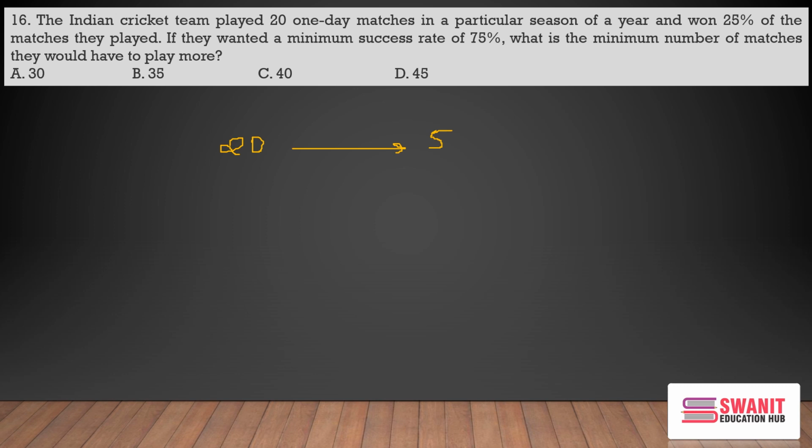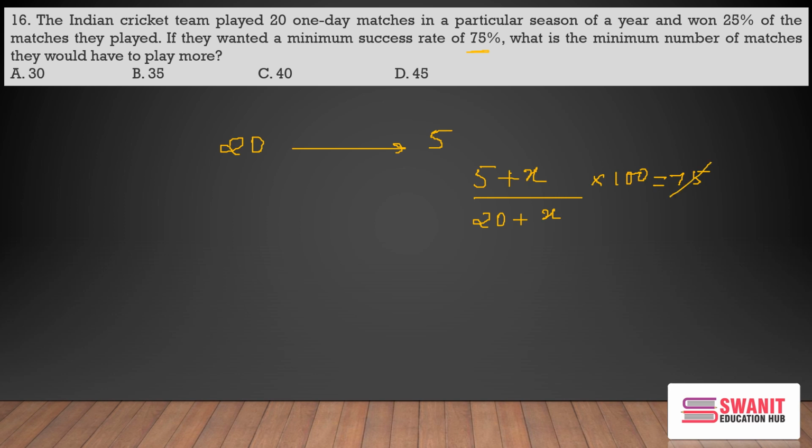Which means if they want to make their success 75%, let's suppose they play x more matches and they win all of those matches. So these are the matches they won, and 20 they already played, x they have played now, and this percentage comes out to be 75.